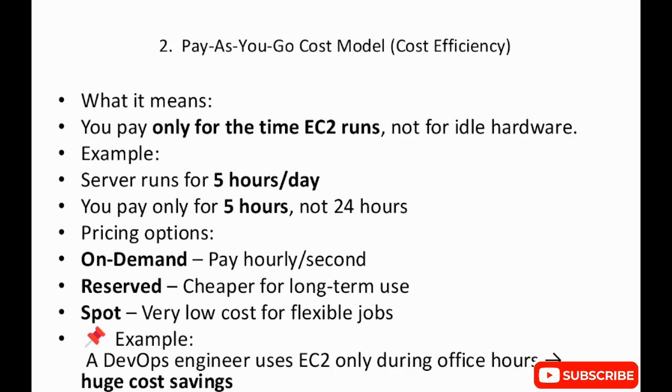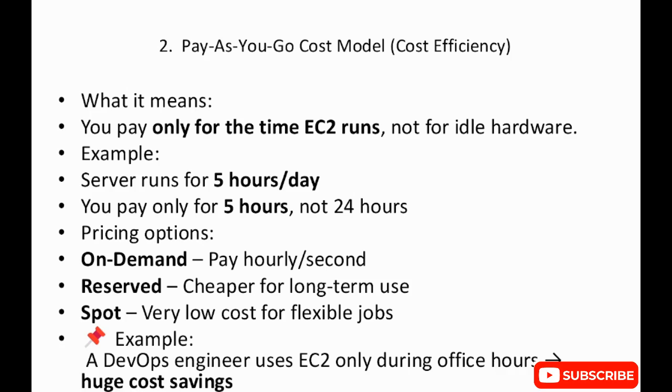When your EC2 is running, only for that time you have to pay, not for the idle hardware. For example, if a server runs for 5 hours per day, you pay only for 5 hours, not 24 hours.